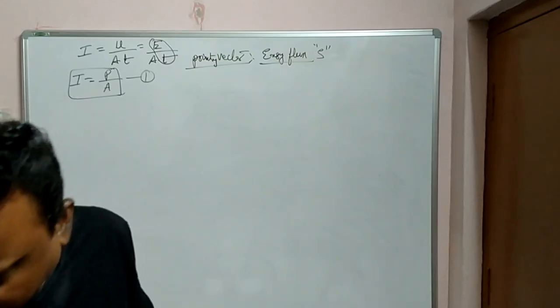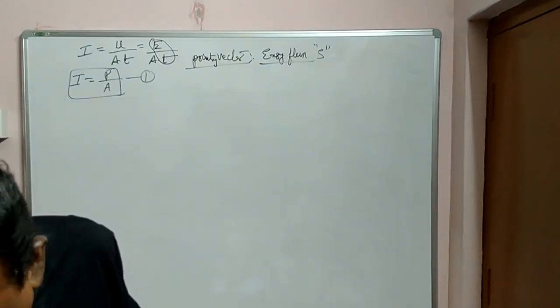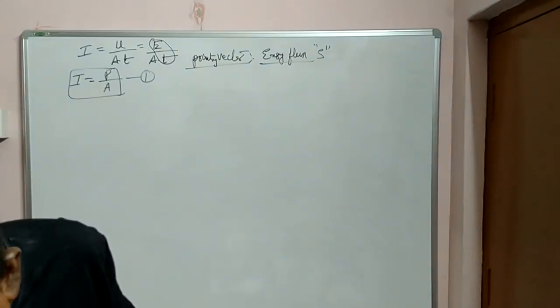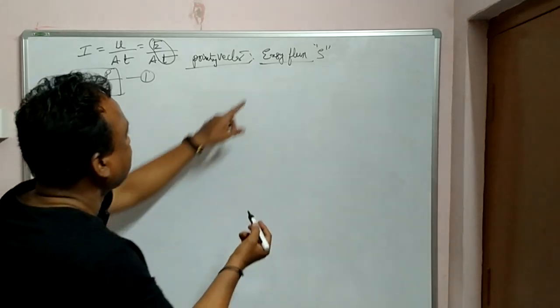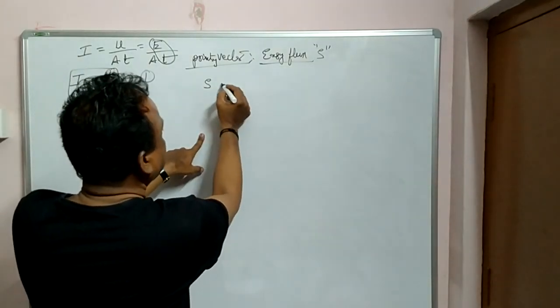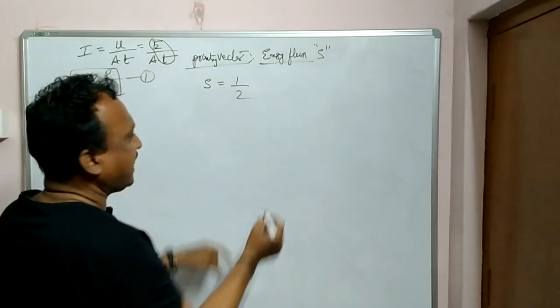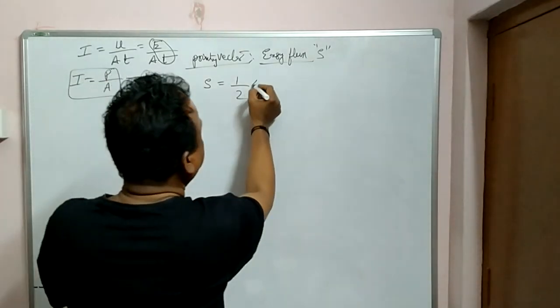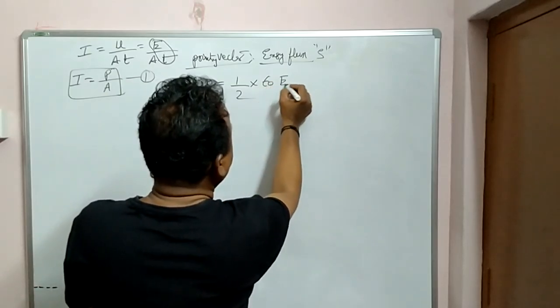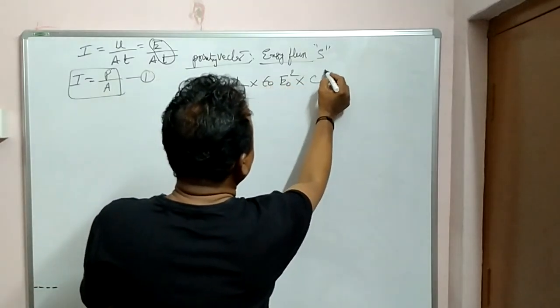Okay, now how will you define this one? So this one I can write as this flux, whatever flux is given by total energy, that is half into epsilon naught into E naught square into speed of light.